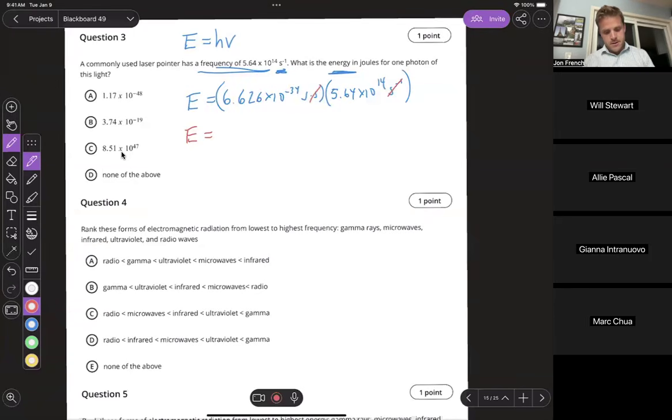All right, 6.626 times 10 to the minus 34, multiply that by 5.64 times 10 to the positive 14. And I get an energy, I would say three significant figures. 3.74 times 10 to the minus 19 joules should be my energy there for question three.